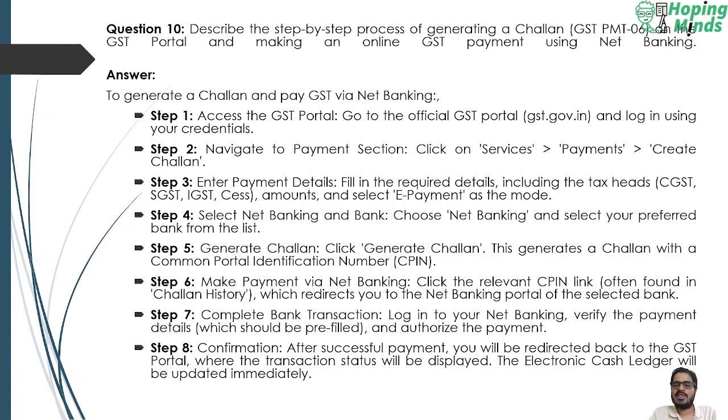The electronic cash ledger will be updated immediately and the requisite amount will start appearing in the cash ledger. Now we can use this cash amount to pay the outward liability against our declared turnover in the GSTR 1 return. So this is how a challan is created and paid in the GSTR 3B return.